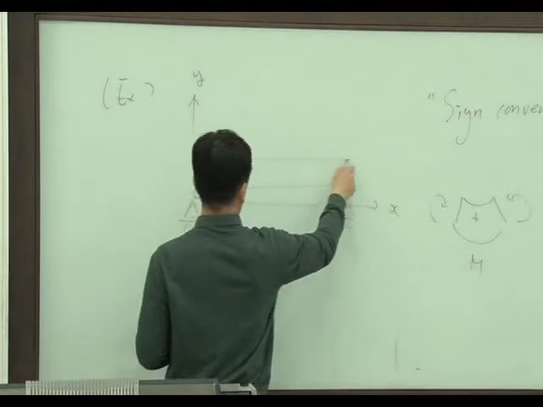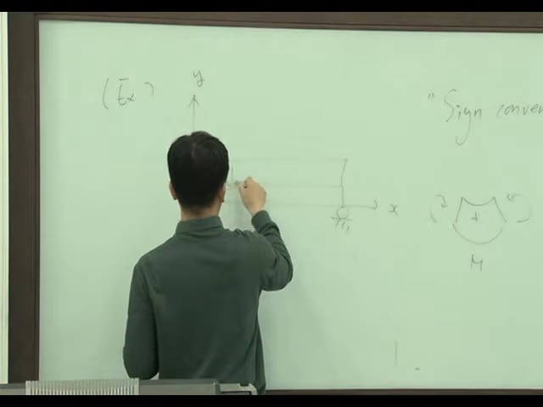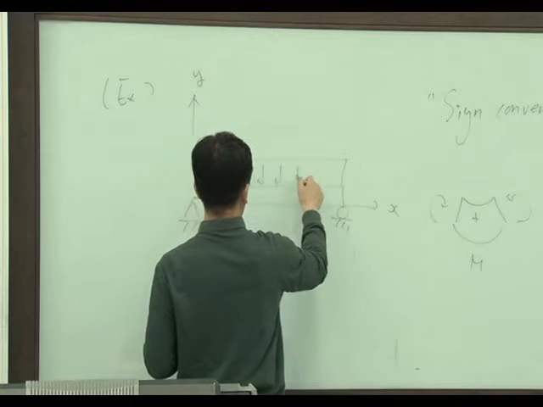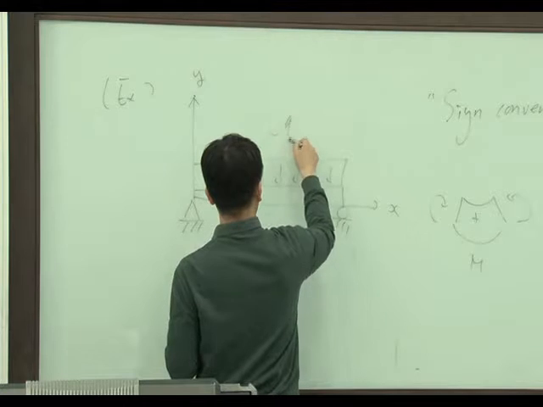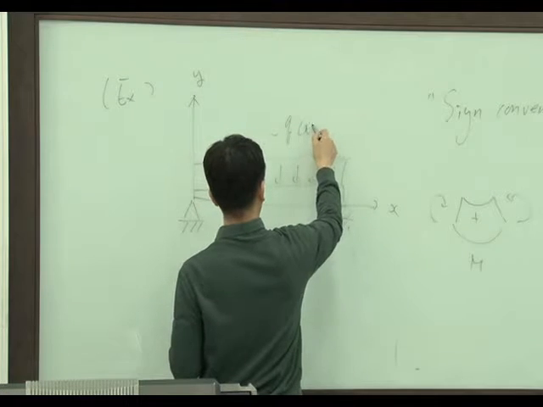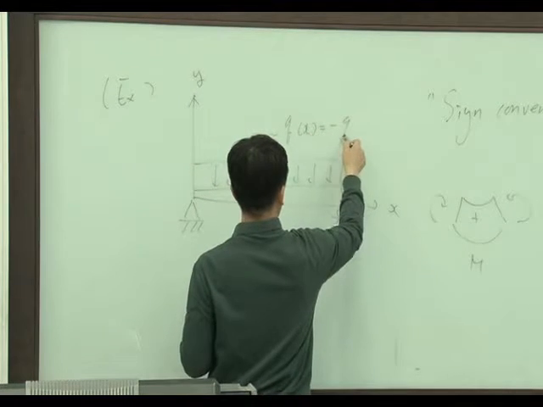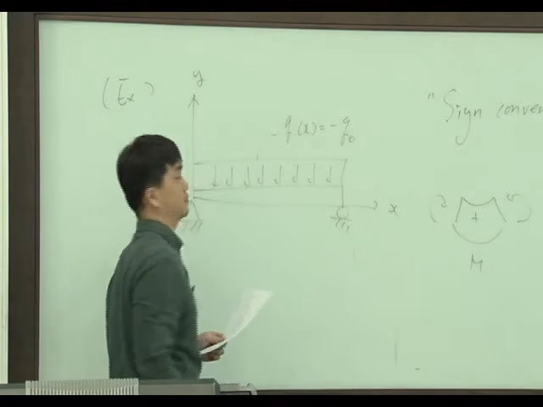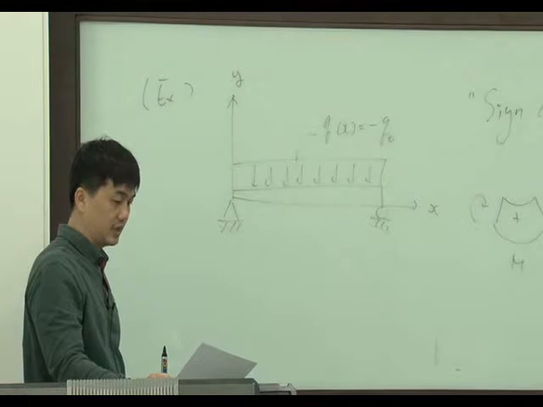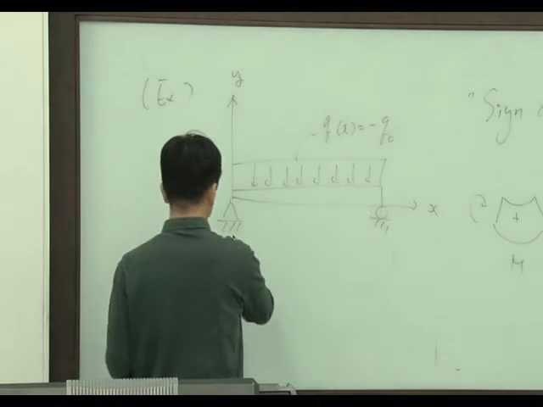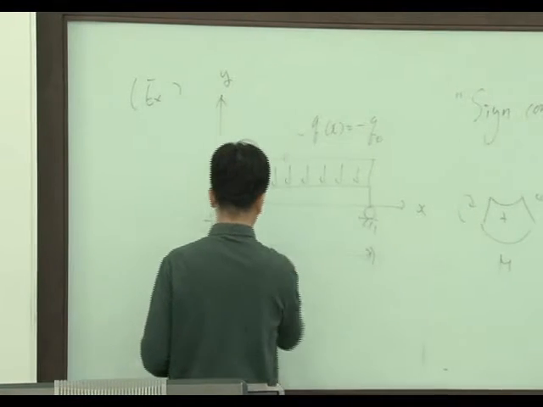The transverse load is distributed in the minus y direction, so q(x) equals minus q0. And this is a prismatic beam of length L.